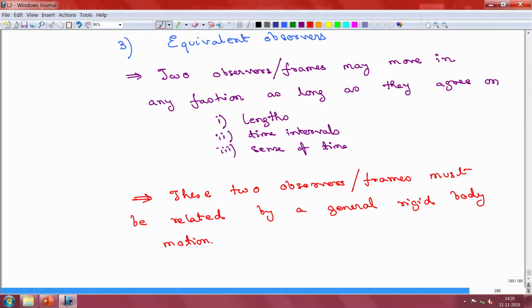And the rigid body motion involves rotation and displacement.